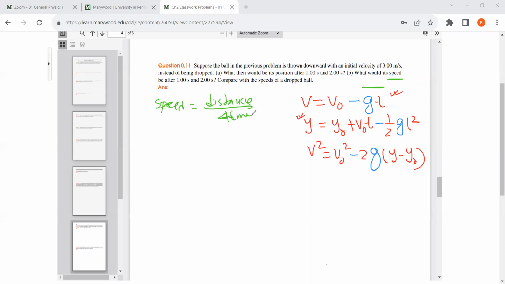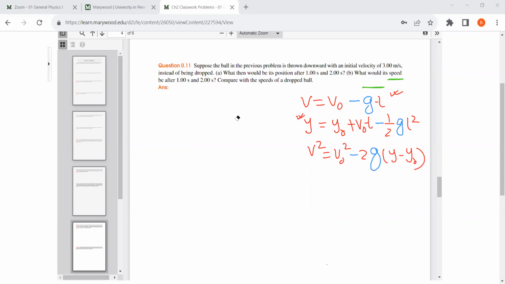So I will show you. But remember that speed is always a positive quantity because it does not depend on the direction. It is different than velocity, but they are somehow related.